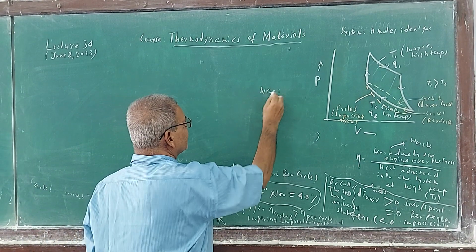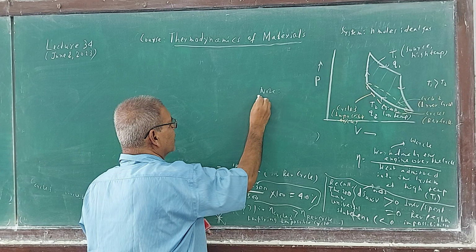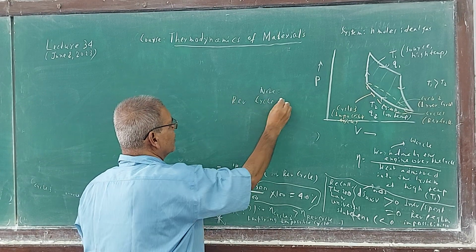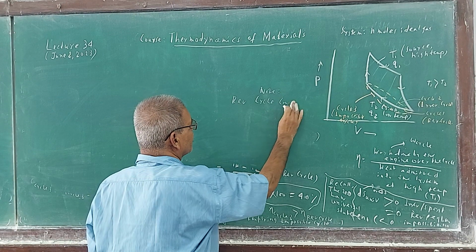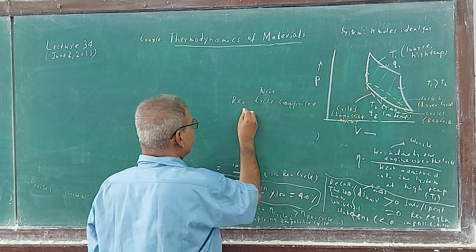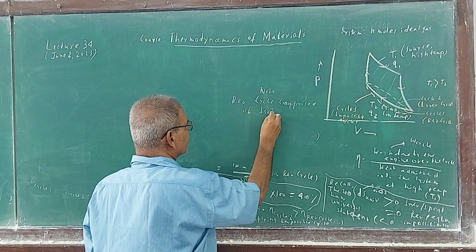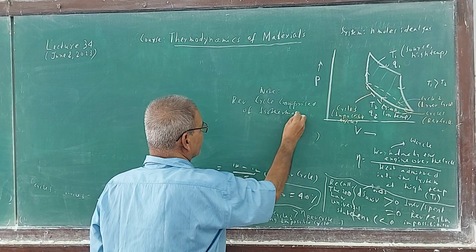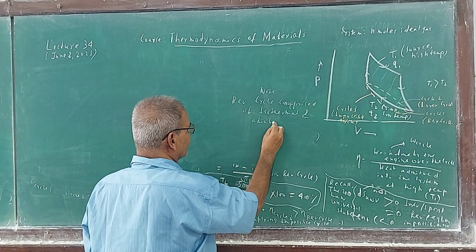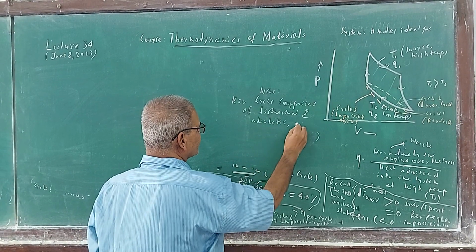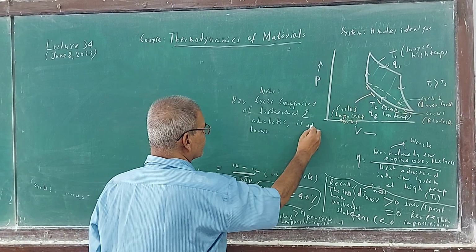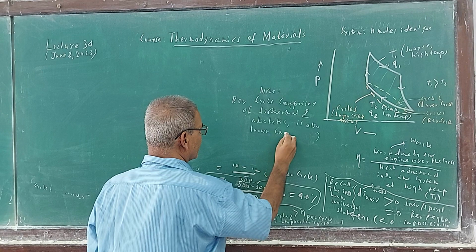Note: a reversible cycle comprised of isothermals and adiabatics is also known as the Carnot cycle.